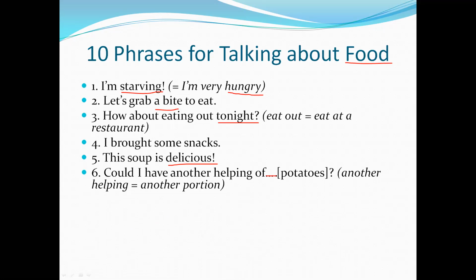Similarly, if you want to insist that the person take more, you may ask, could I have another helping of? Here, just as an example, potatoes. You may replace potatoes with chapati, pav, burger, pizza, or whatever you are eating. Another helping means another portion. Whatever was served at first, once it is finished, you serve a second time. That could be another helping, another portion.